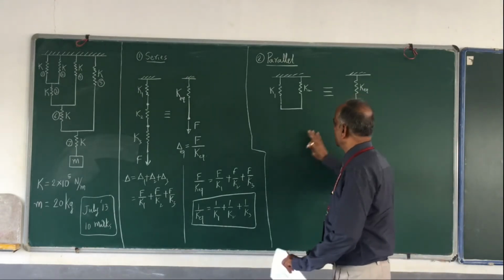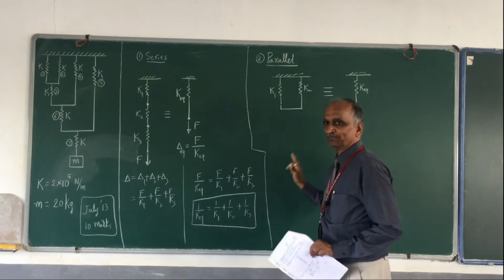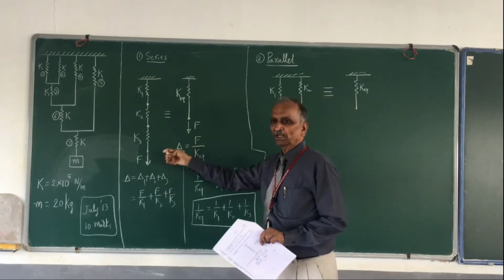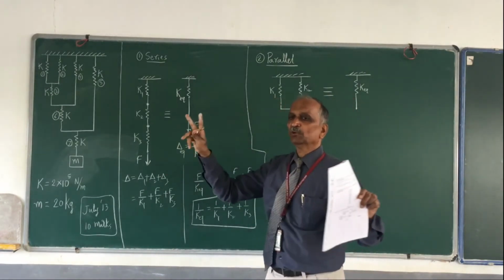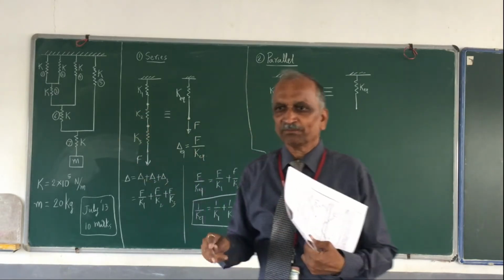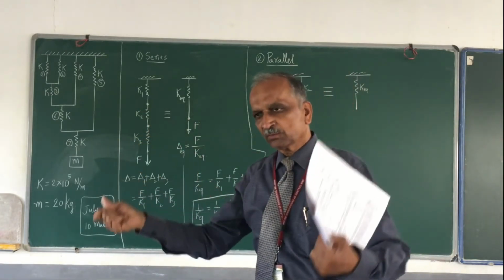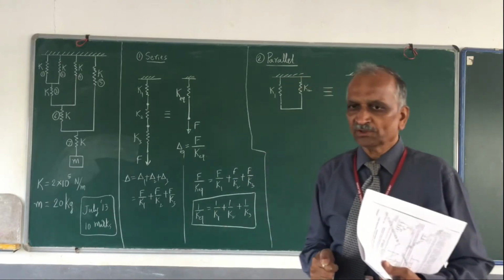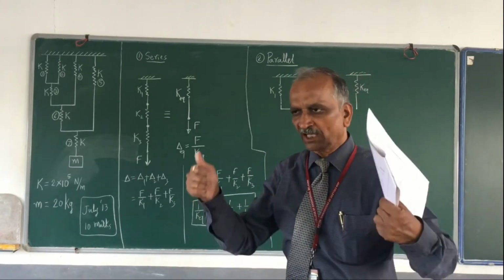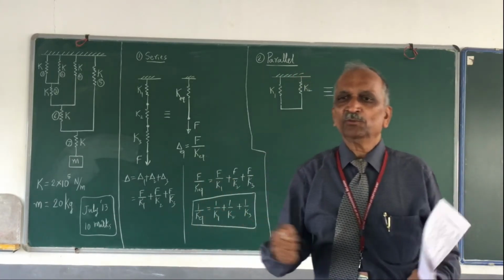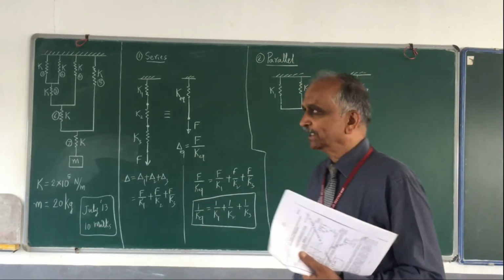I don't have a separate definition of equivalence. The same thing here. If we have 2 systems of springs, apply for both systems the same amount of force, and if you find the same amount of extension, then we say that they are equivalent to one another.